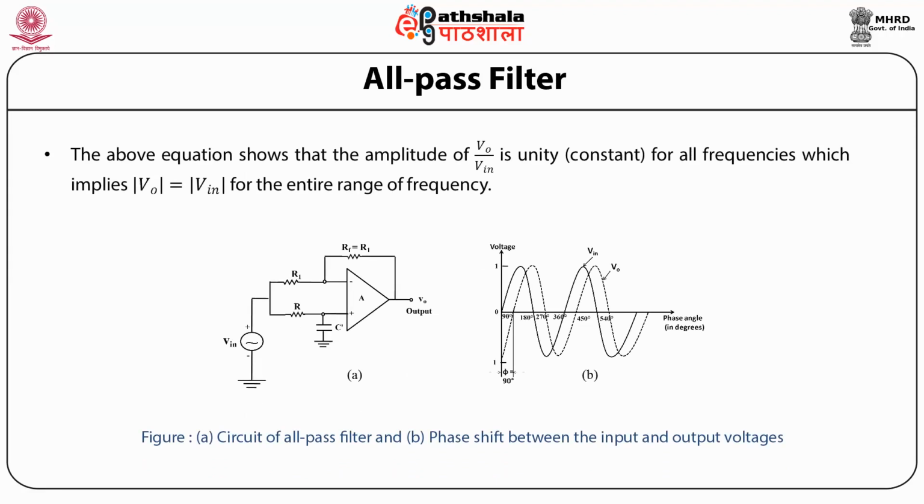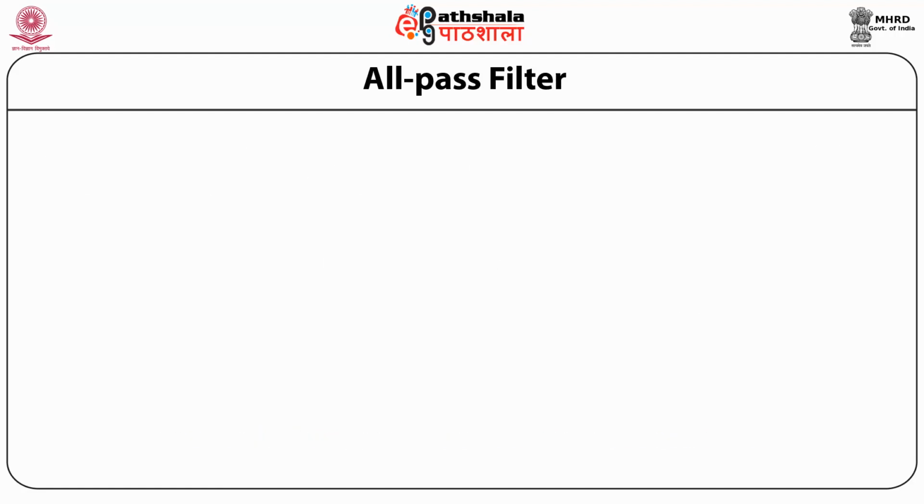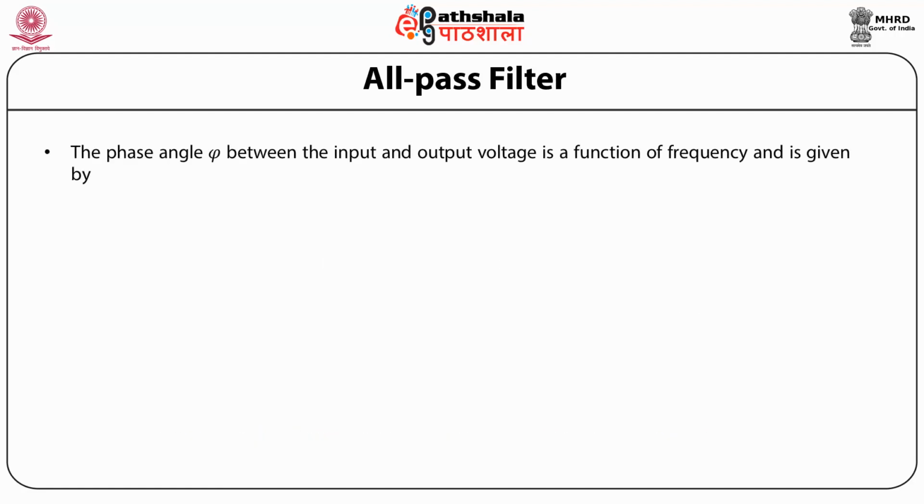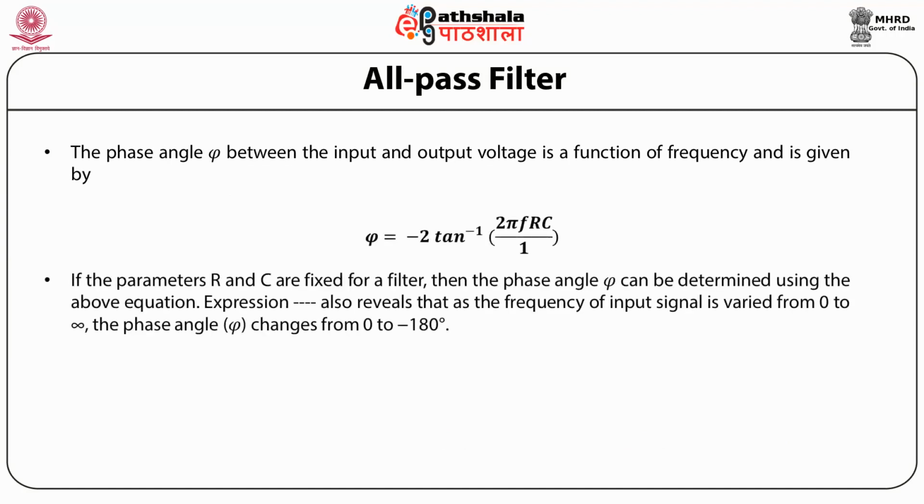The above equation shows that the amplitude of V0 by Vn is unity or constant for all frequencies, which implies that the magnitude of V0 equals the magnitude of Vn for the entire range of frequency. The phase angle phi between the input and output voltage is a function of frequency and is given by phi equals minus 2 tan inverse of 2 pi f RC.